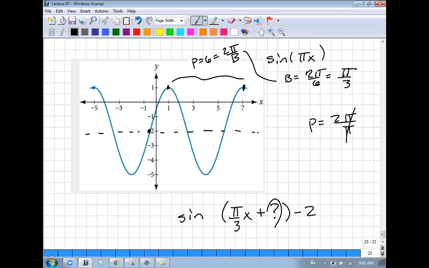Now, what is this shift? Remember that shift is c over b, right? And we found that b was pi over 3. So this is 3c over pi, all right? Which we have to figure out what this c is. So what is this shift? I can't tell what that value is based on their graph.